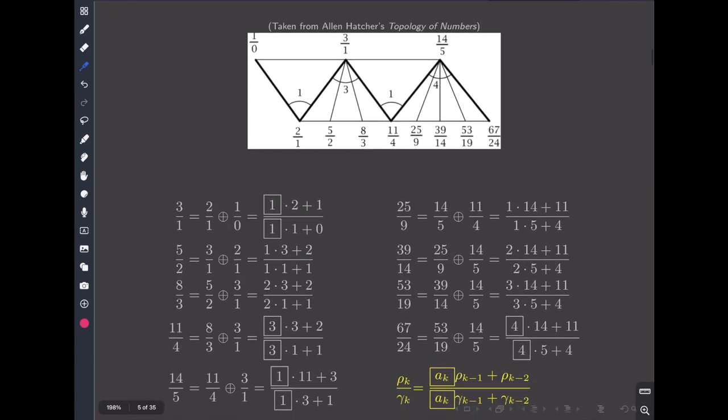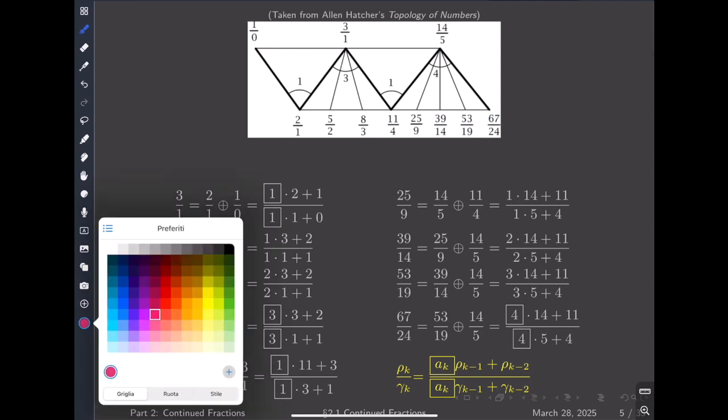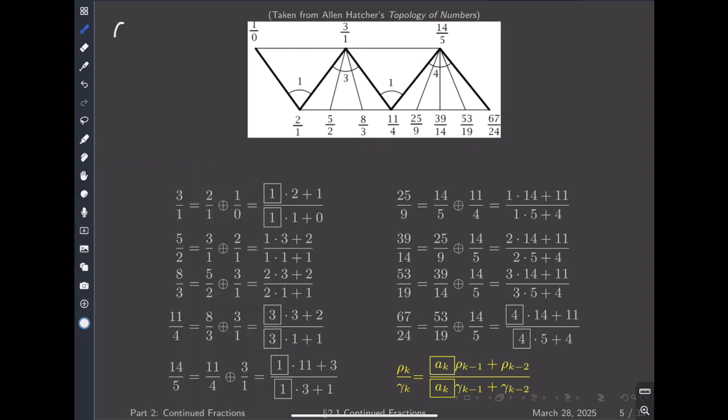So, for instance, another one. Let's say that now you give me this rational number. I begin with 67 divided by 24. To produce this picture, I first have to look at the hyperbolic plane, see the fans, and then draw the fans.